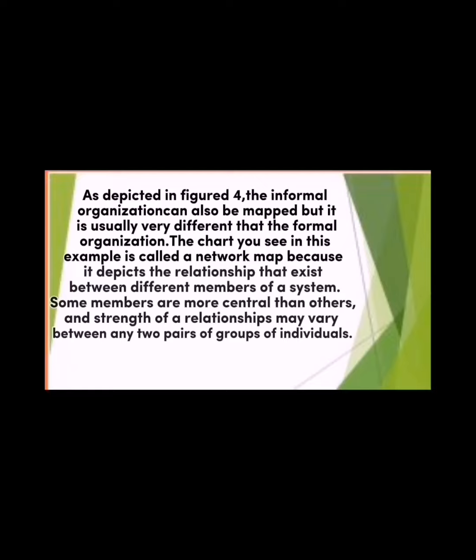For example, you may meet someone new in your daily life and realize they have a connection to a company that you are interested in. That's why the informal organization is formed within the formal organization as a network of interpersonal relationships when people interact with each other.